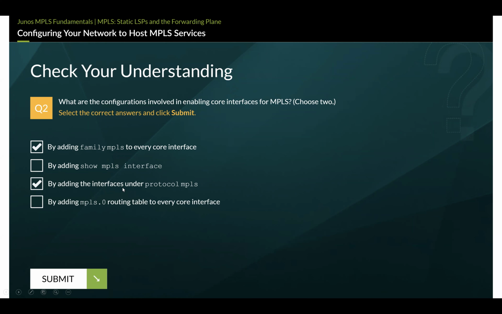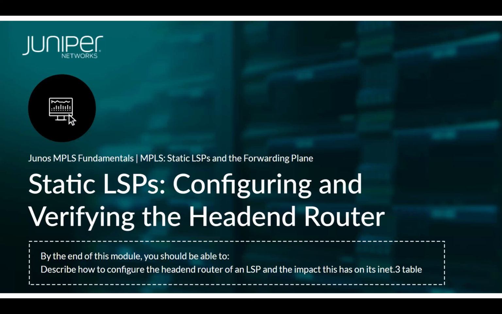By adding the interfaces under protocol mpls. And another one is you have to enable family mpls on the core interfaces. These are the two main steps for enabling MPLS.